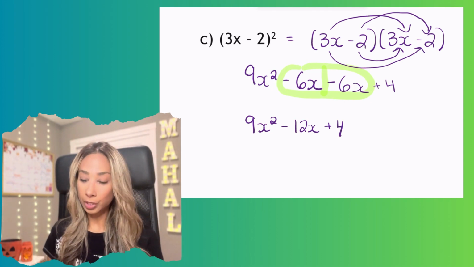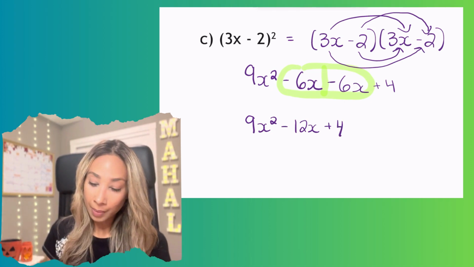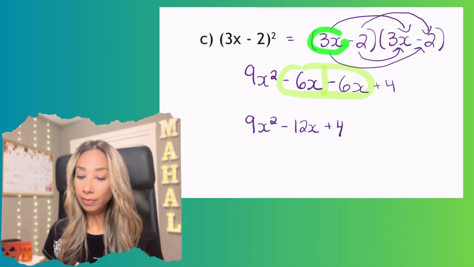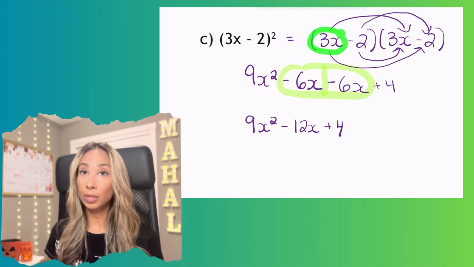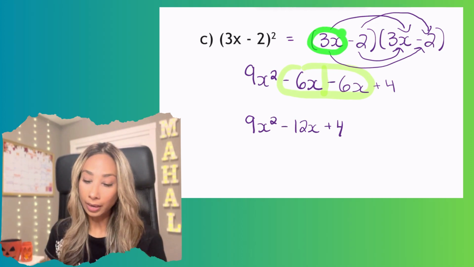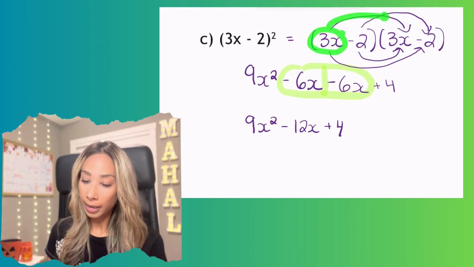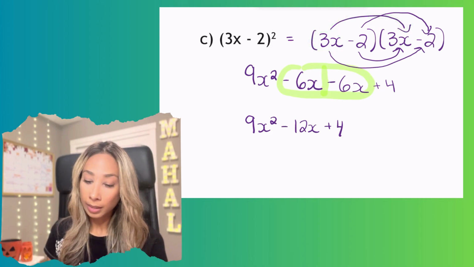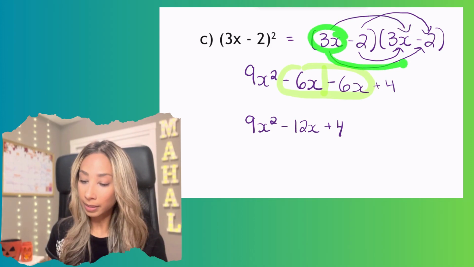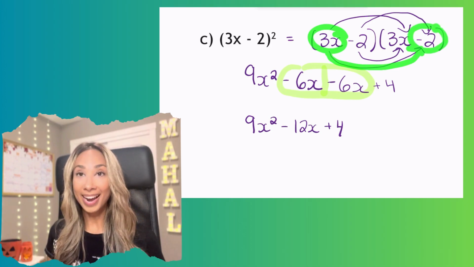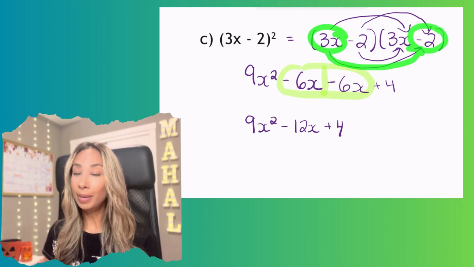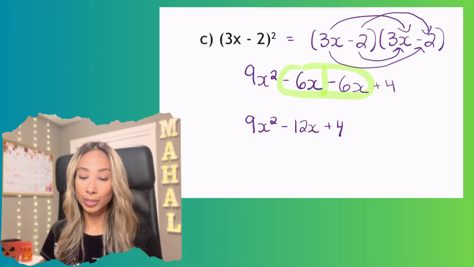And with this one, I should mention why it's a little bit trickier is because we no longer have everything being multiplied by x on its own. It's now 3x, right? So every time you multiply it by, let's say 3x times negative 2, we're going to get that 6x. So we've got to be careful of that, right? Because they will do that to us with these examples.